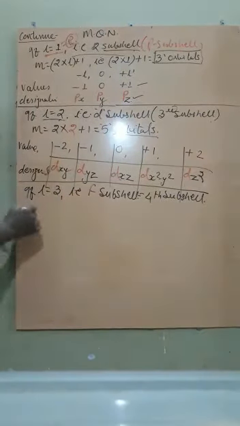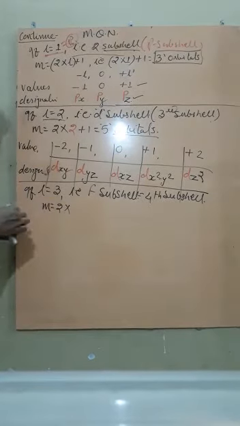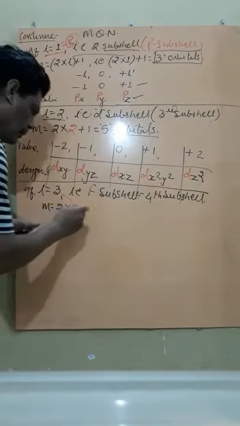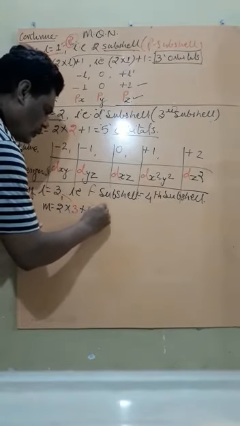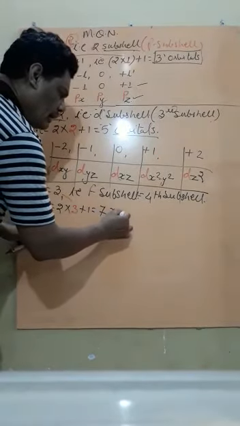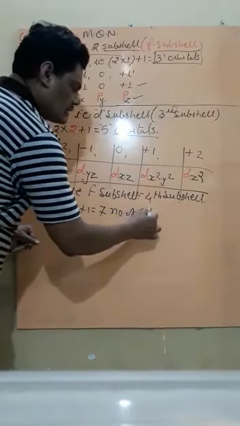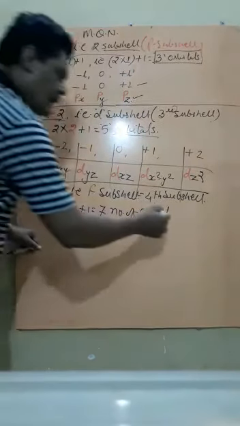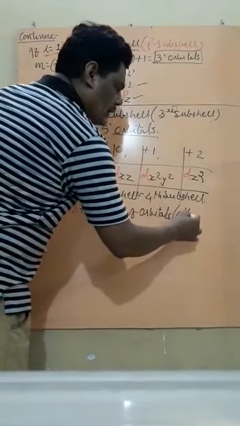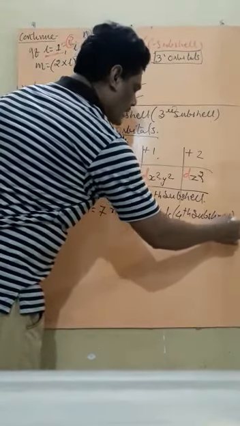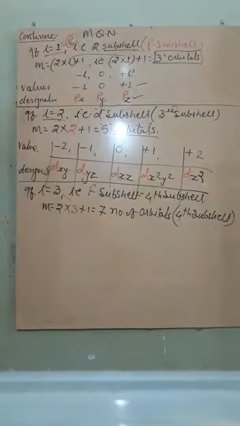So now the number of orbitals is 2 into L plus 1; in place of L, place 3: 2 into 3 plus 1 is 7 orbitals. Number of orbitals in the fourth subshell.